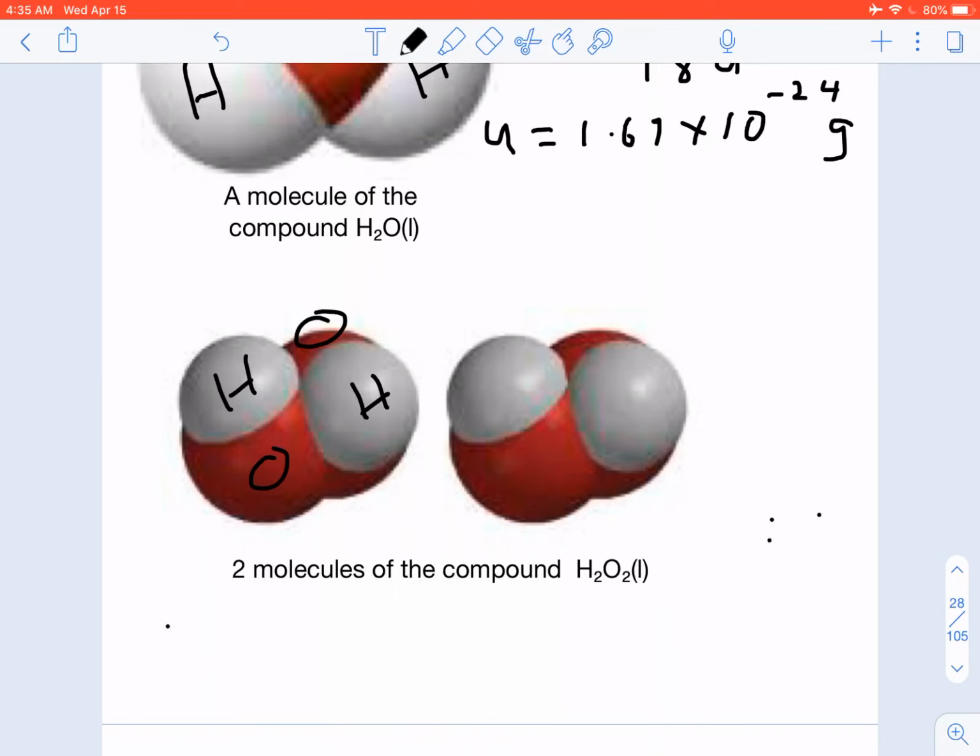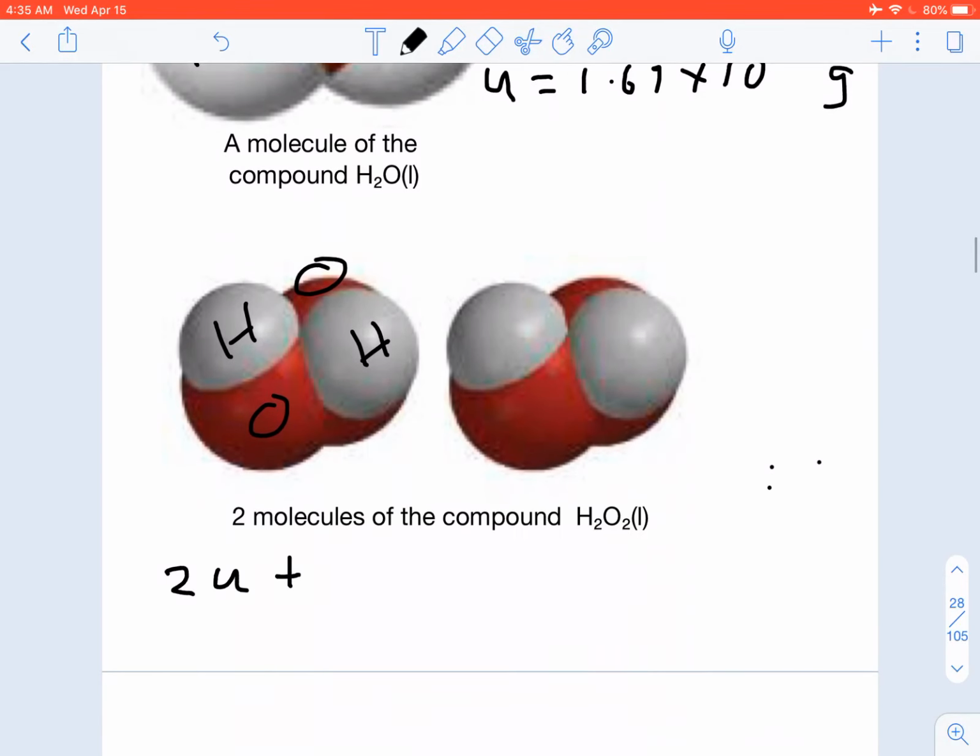And we know that we have 2 hydrogens, so that would be 2 U plus 2 oxygens, and each one is 16 U, so that would give us 32 U, and that is then equal to 34 U, or atomic mass unit.